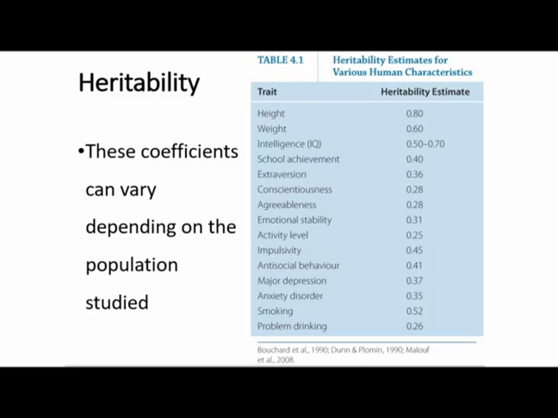So there's a smaller genetic factor that's influencing the differences that we're seeing within the population. There's still a genetic component to those traits because we are seeing that, say, a 0.4 heritability coefficient or a 0.3, those are still saying that there is a good chunk of the differences in the population that's being driven by genetics. It's just telling us that genetics aren't the only factor driving those differences.